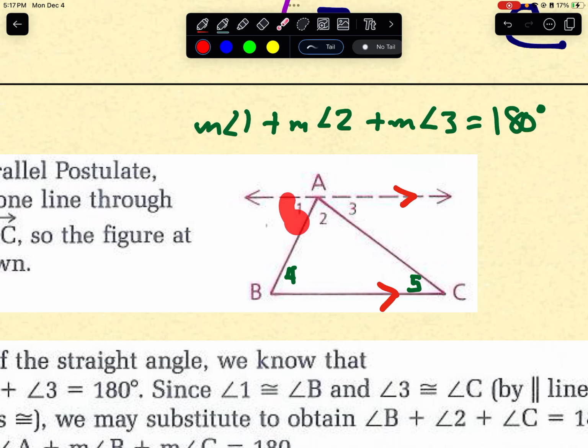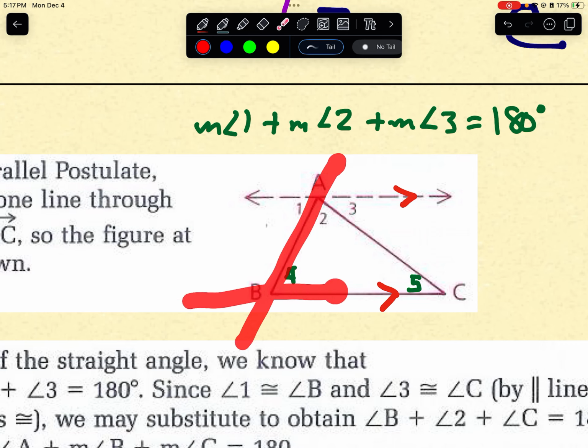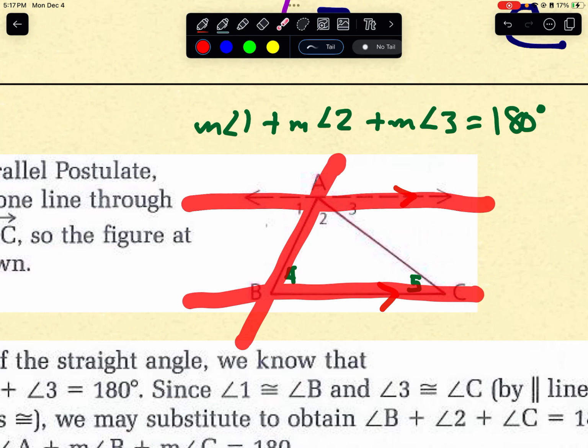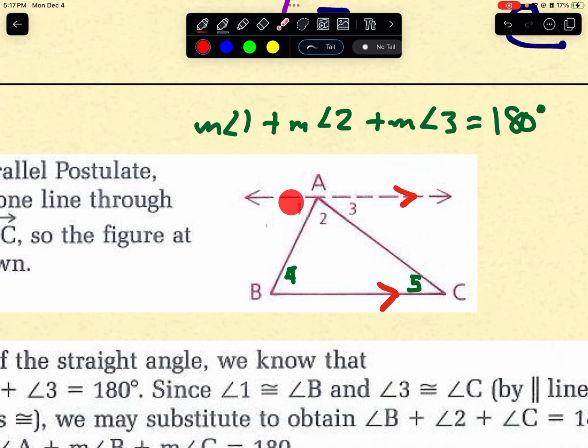Now, angle 1 you'll notice, and angle 4. Notice we have a transversal and we have two parallel lines. I think most of you might remember from the previous chapter that those two angles have to be congruent. So angle 4 and angle 1 are the same measurement.